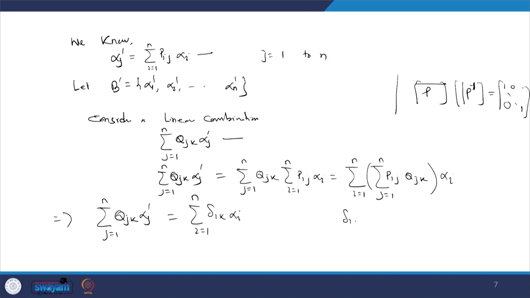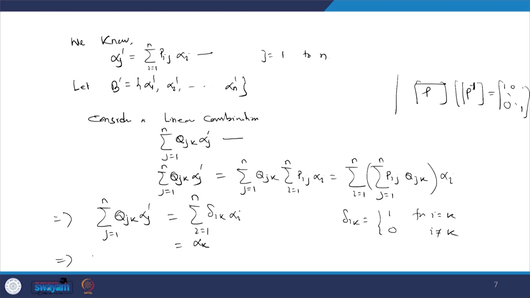Delta i k means equal to 1 for i equal to k and 0 for i not equal to k. So, this is going to give me simply alpha k. So, linear combinations of alpha j prime give me alpha k also. I mean the linear combination of alpha j prime with coefficients q j k, j equal to 1 to n.